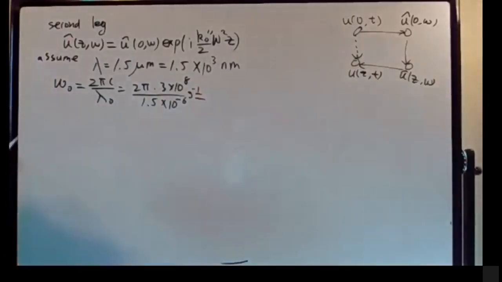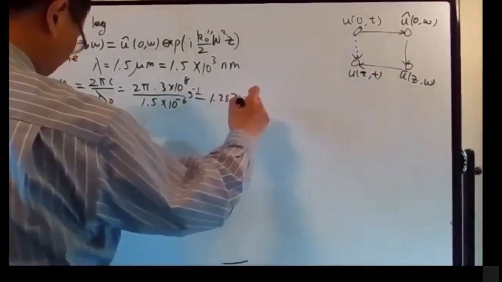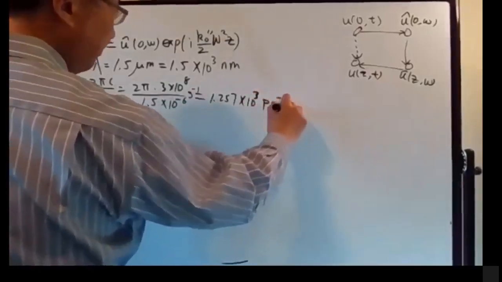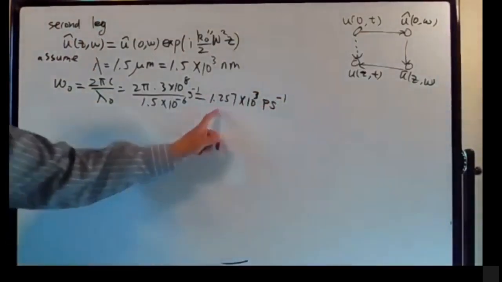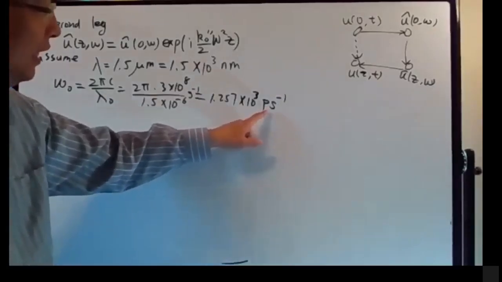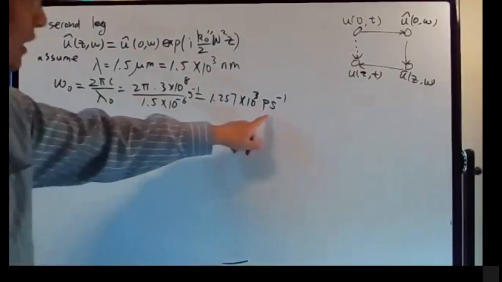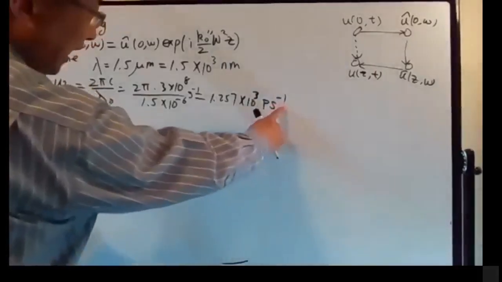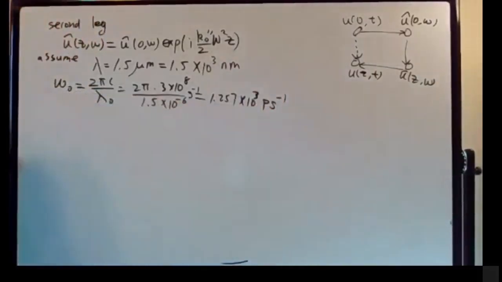The result is 1.25257 times 10 to the third picosecond inverse. I'm simply using picosecond because it's easier later on. Inverse second is the frequency.